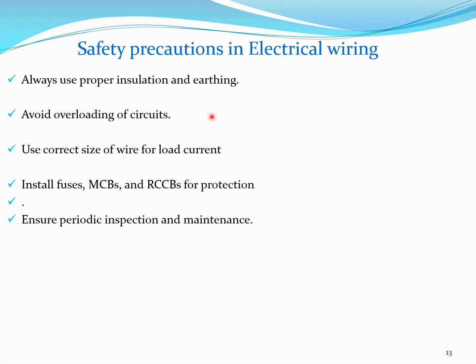Second precaution, avoid overloading of the circuit. Third, use the correct size of wire for the load current. Fifth point, install fuses, MCB, that is miniature circuit breakers, and RCCB, that is residual current circuit breakers, for protection purposes. And ensure periodic inspection and maintenance.